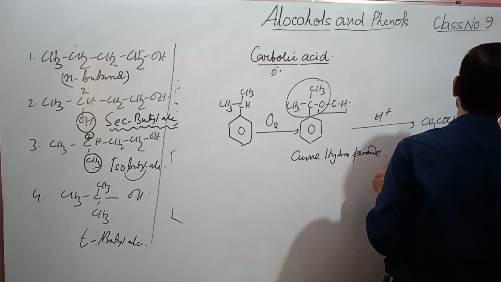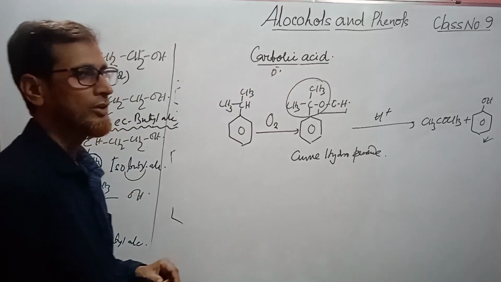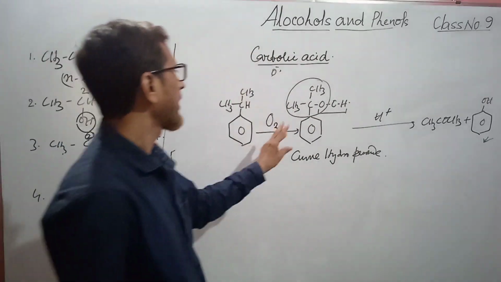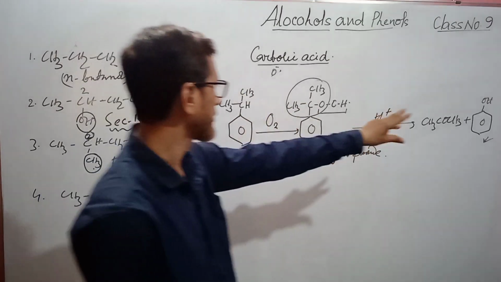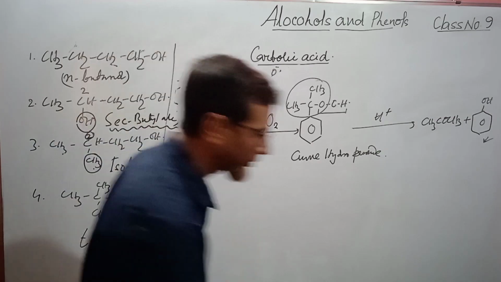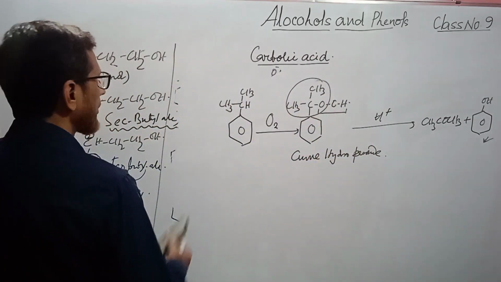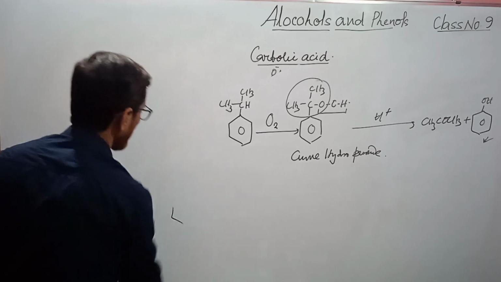This is not the mechanism, just a simple way I am showing you. We have got phenol. Worldwide, this is the process where a huge amount of phenol is prepared from cumene. This is very important from the exam point of view. So this is all about the preparation of phenol.